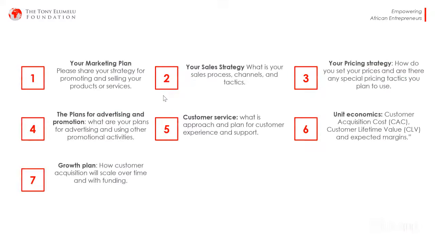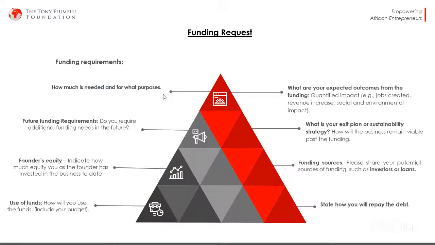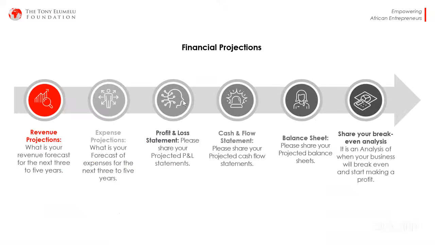Yeah, thank you, Aisha. In terms of the financial projections, let me just recap from here. In your financial projections, there are about six key things you're looking at. One is your revenue.